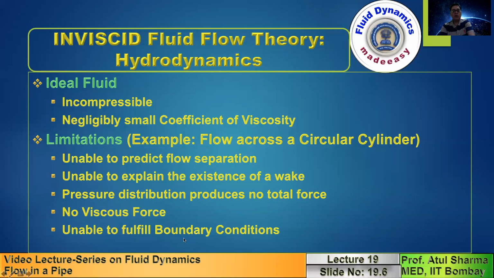When we have a no slip boundary condition for a stationary solid, we have both tangential as well as normal velocity equal to zero. Whereas in inviscid flow theory, we consider only the normal velocity equal to zero. So this theory does not obey the boundary condition corresponding to tangential velocity equal to zero, which is no slip at the solid surface.